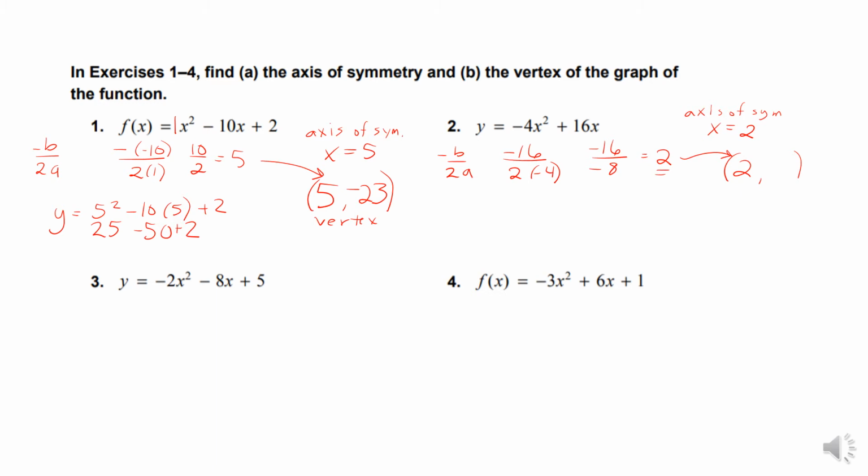So I'm going to plug in to find y. Y equals negative 4 times 2 squared plus 16 times 2. 2 squared is 4, so this is negative 16 plus 32 is 16, and there is my vertex.